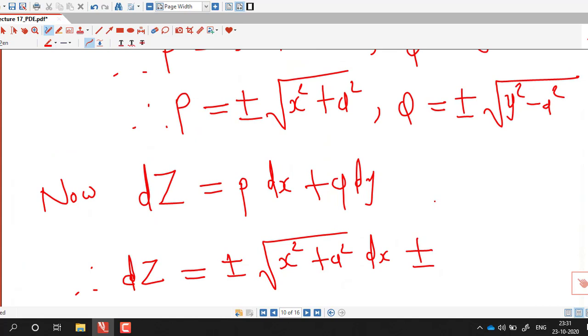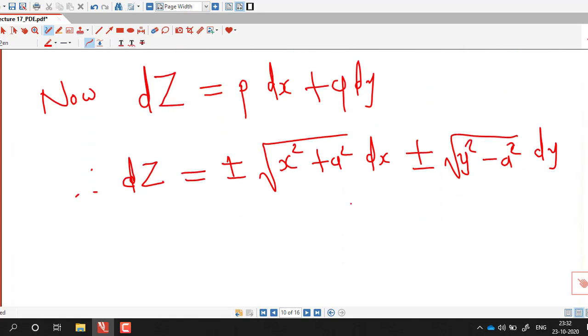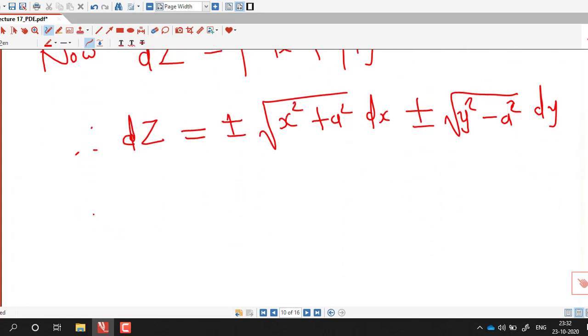Similarly q is plus or minus under root y square minus a square dy. So this is easy to integrate now if we know the formulas.